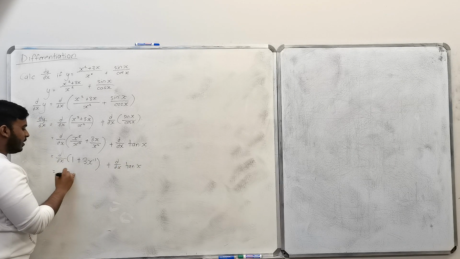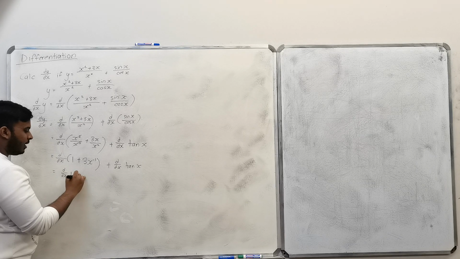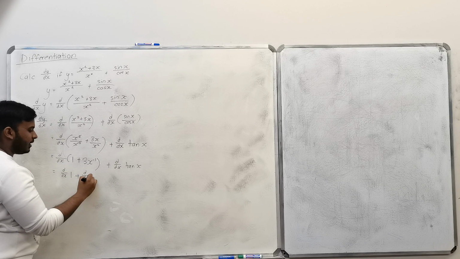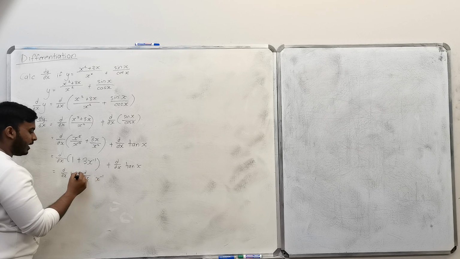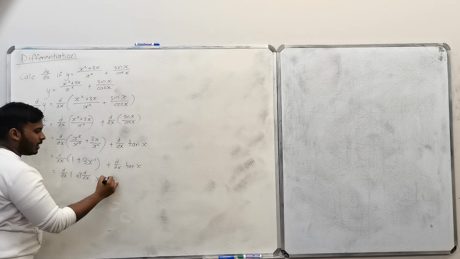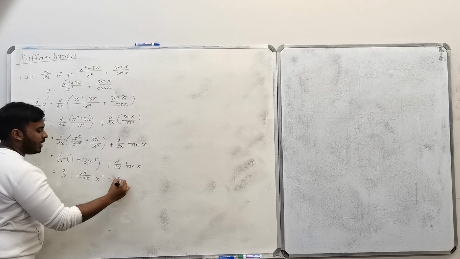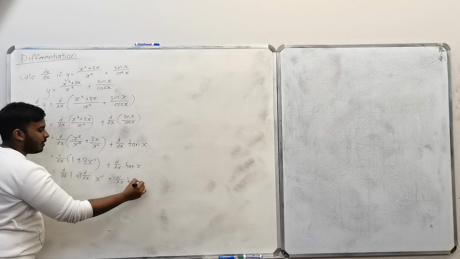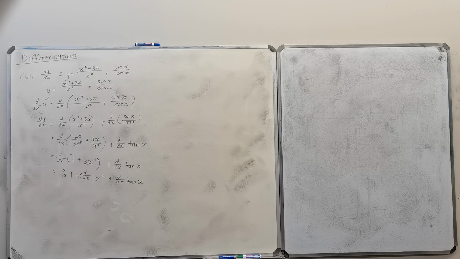So this is d over dx of 1 plus d over dx of 3x to the minus 1. I'm going to pull out the 3, x to the minus 1, plus d over dx of tan x. Understand how I got there? Anybody confused?